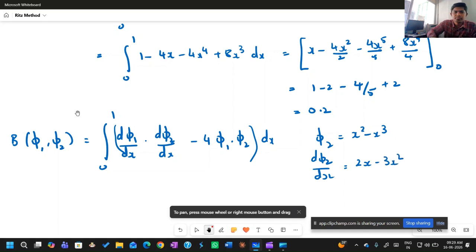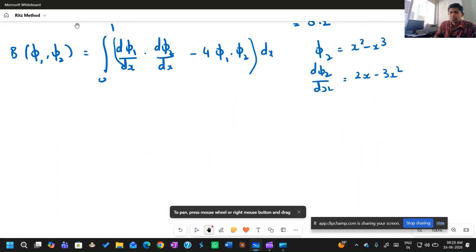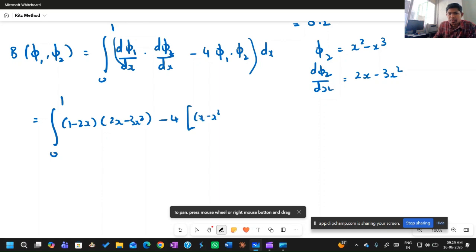Okay. So if you substitute here, you should be getting 0 to 1, 1 minus 2x into 2x minus 3x square minus 4 into x minus x square into x square minus x cube into dx.